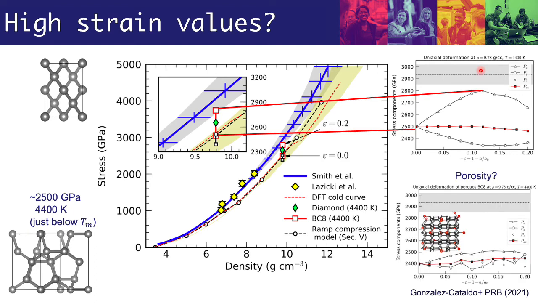We also tried incorporating 7.8% porosity like the experiments had, and it went the opposite way, where we were not able to increase the stresses in the compression direction as much as we could with the pure crystalline samples.